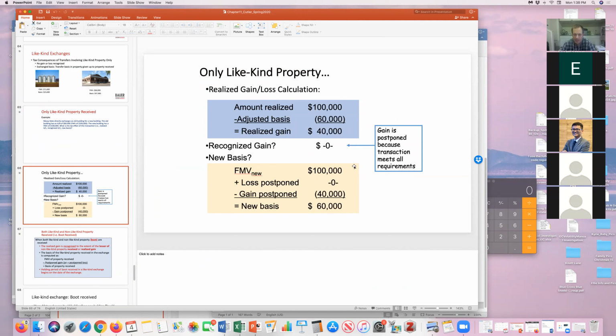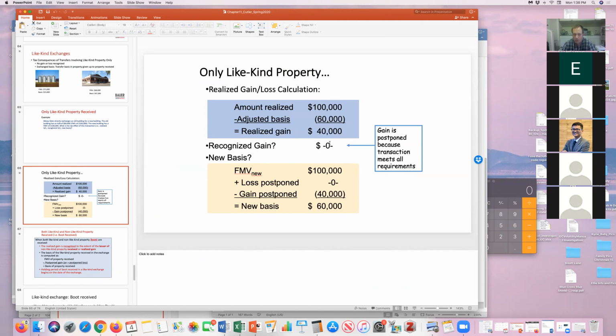In this example, I got something worth 100,000 and my basis in my old property was 60,000. So I have a gain of 40,000, but I don't have to recognize it. It's not part of my gross income.